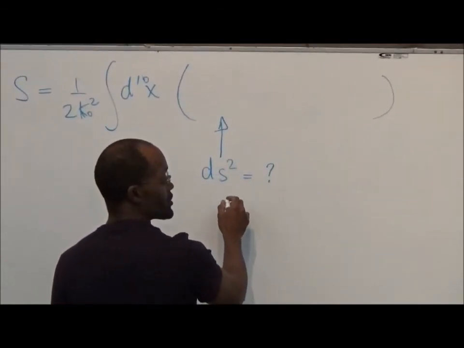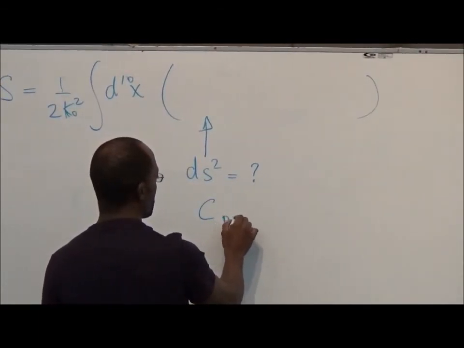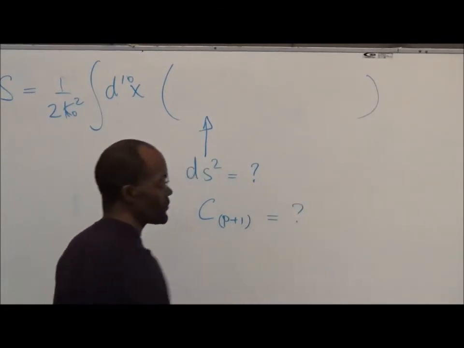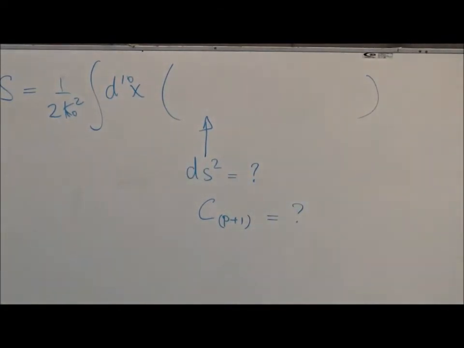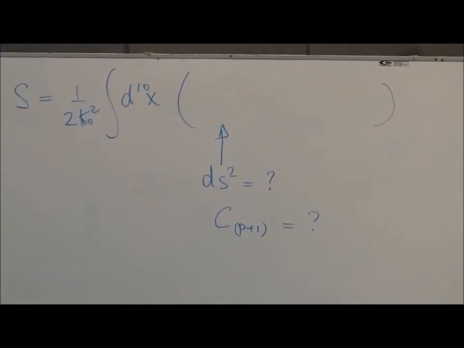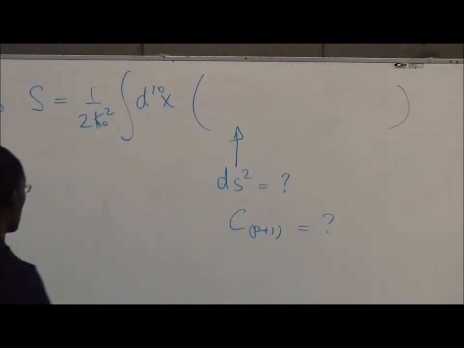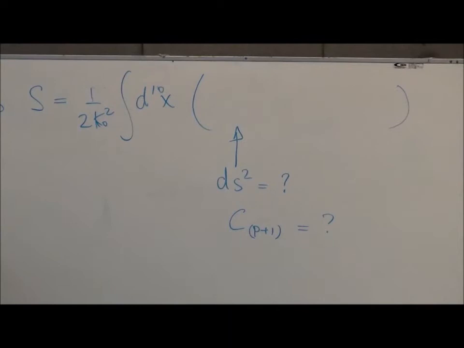And then I also need to write down what the p+1 dimensional field looks like. That will do the job. You could write down generalizations with other fields turned on, but for this basic result, that's all I need for the basic brane.